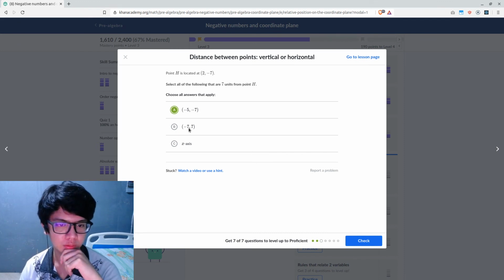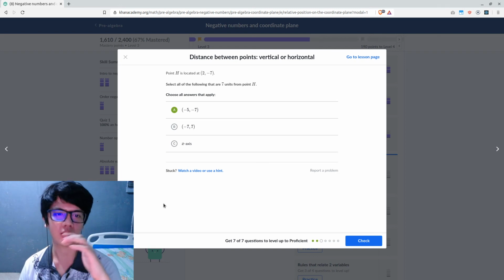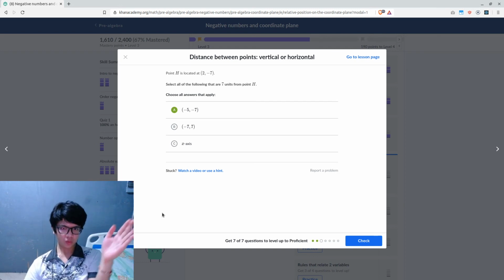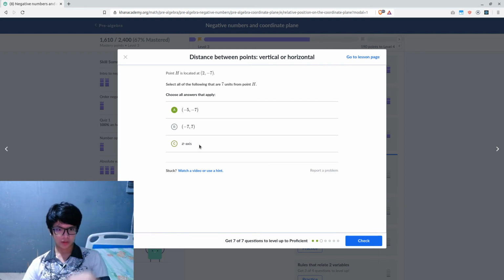And then what is this? I think this is too much. 7 and then negative 7. No. X-axis. No, it's A. Let's see, 2. Oh, actually, yeah.